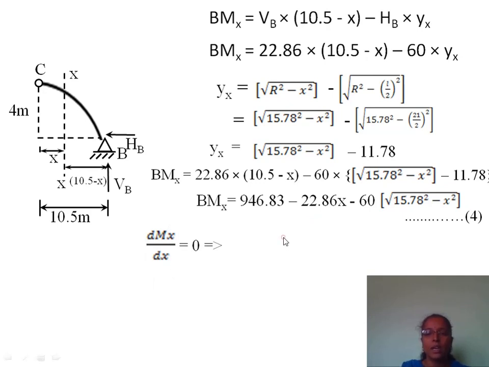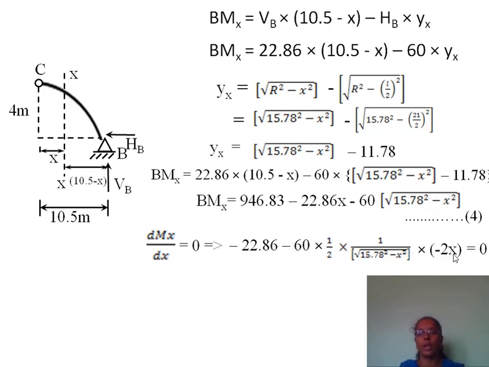So that implies differentiation of the first term is 0. Minus 22.86 into x gives minus 22.86, and differentiation of the term minus 60 into square root of 15.78 square minus x square will be half into 1 divided by root of 15.78 square minus x square into differentiation of minus x square, which is minus 2x.